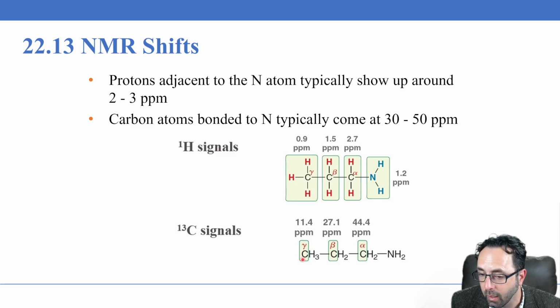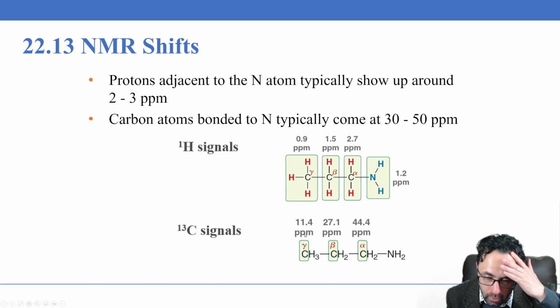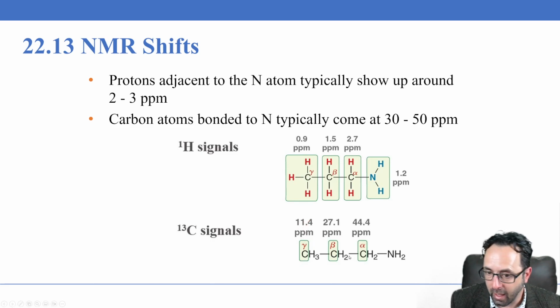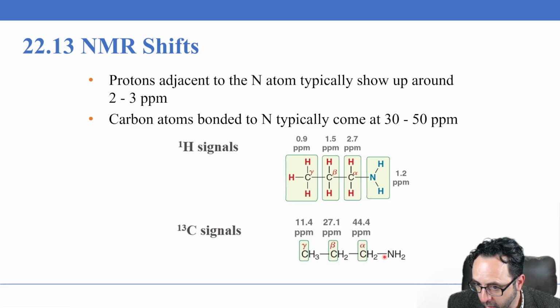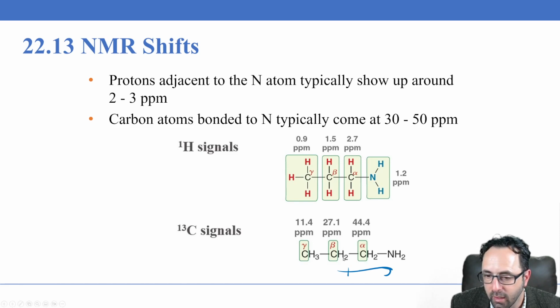So far away from the nitrogen, where there's no inductive effects, you'll get about 11 ppm for a standard carbon atom. But as we get to the beta, one carbon away from the carbon attached to the nitrogen, we get a little bit higher ppm due to the inductive effect, withdrawing electrons away, thus de-shielding the carbon and exposing it to the magnetic field. And finally, at the alpha carbon, it's about 44.4 ppm.